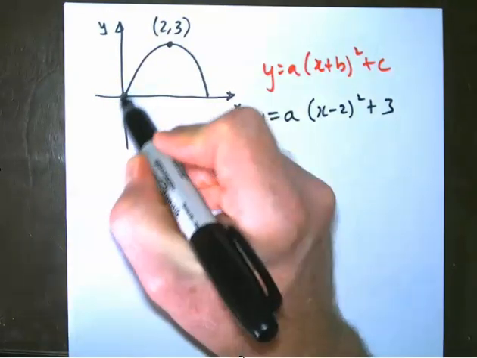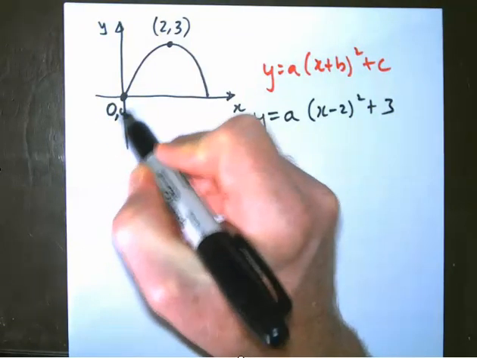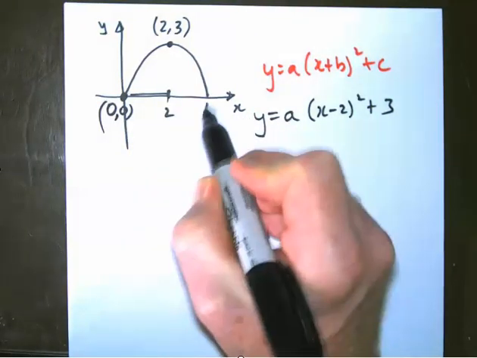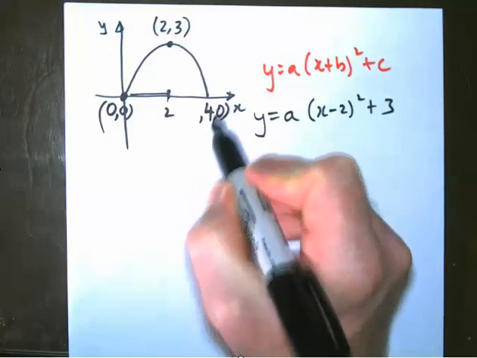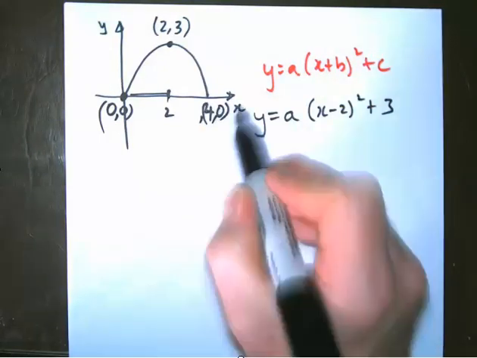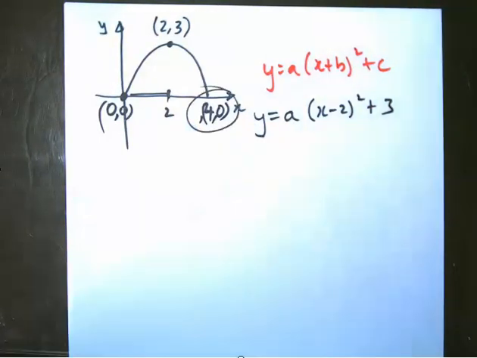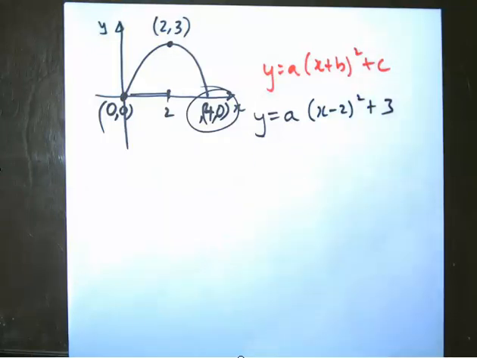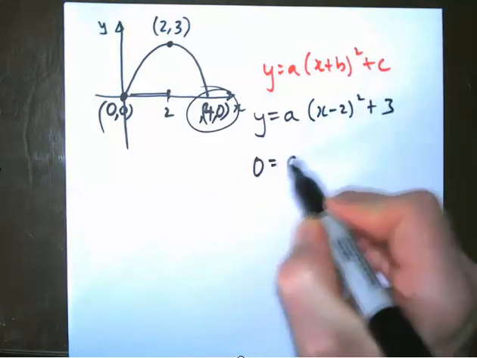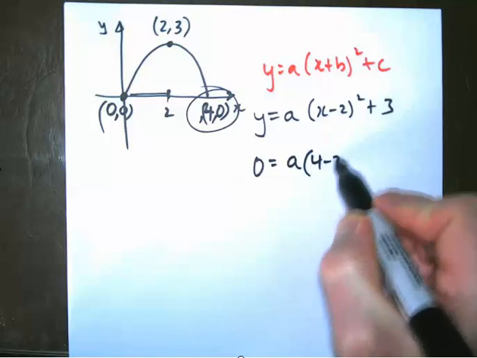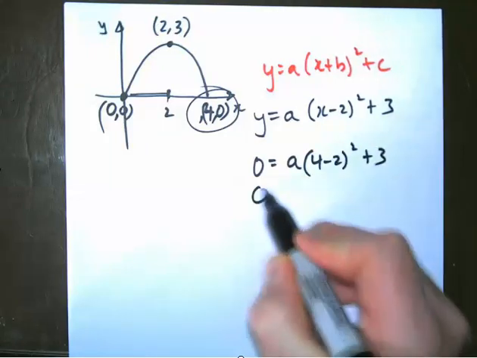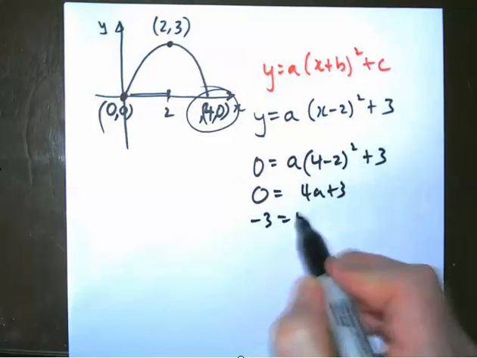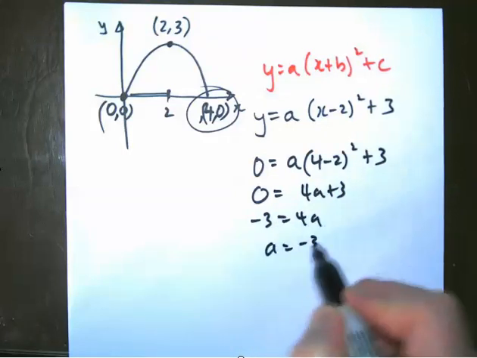I know that this goes through the origin (0, 0). If that's a distance of 2, then that over there will be (4, 0). So I now have a second piece of information. I can put that into the equation, and that will tell me that 0 will equal a(4 minus 2) squared plus 3. 0 equals 4a plus 3. Minus 3 equals 4a. a equals minus 3/4.